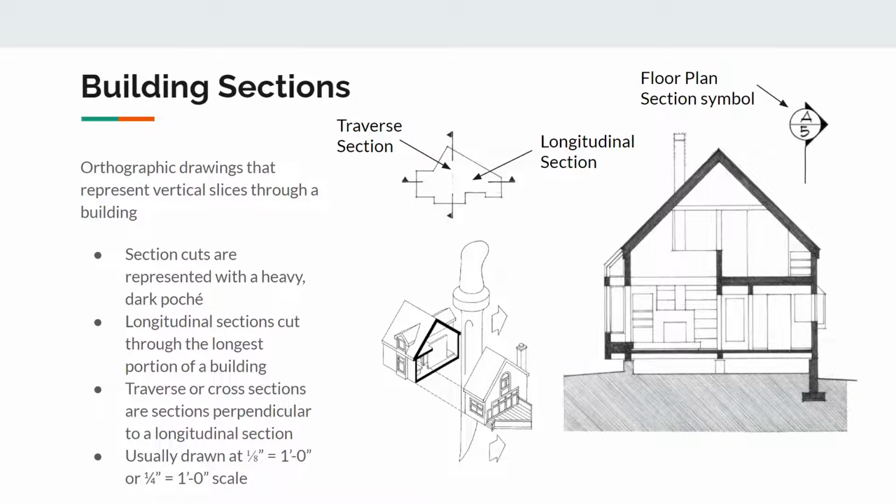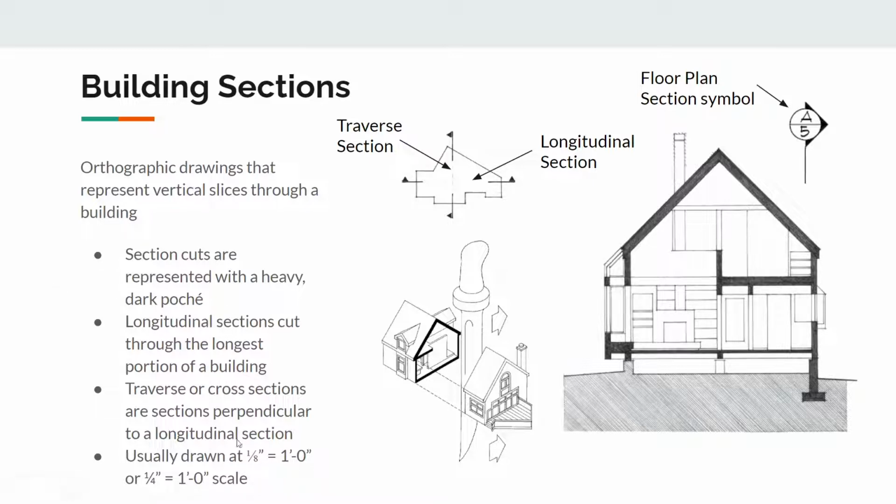But we will be using some section drawings whenever we're putting together details, like cabinetry details, things like that. Usually you're going to have some sort of a section view in that regard. But in terms of an entire building section, that's not usually as relevant for an interior designer to worry about. All right, but sections are basically vertical cuts through a building.